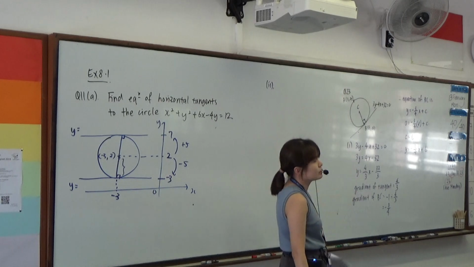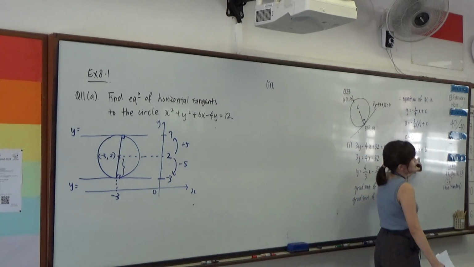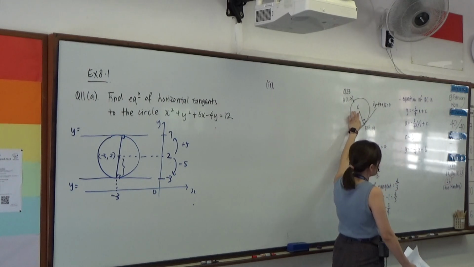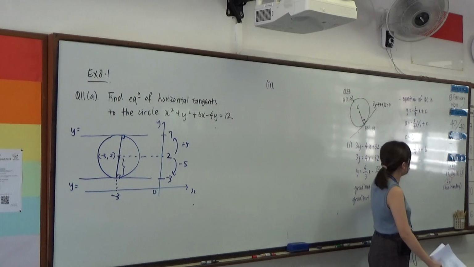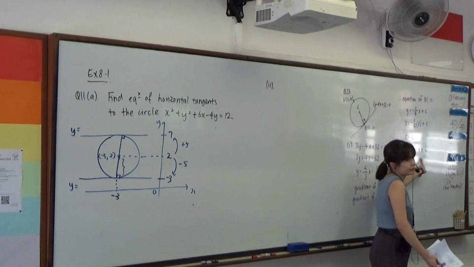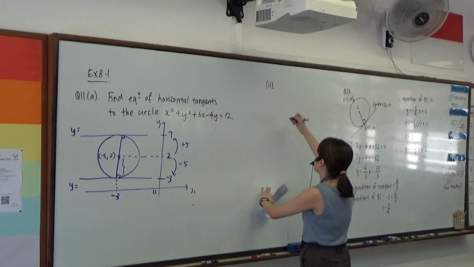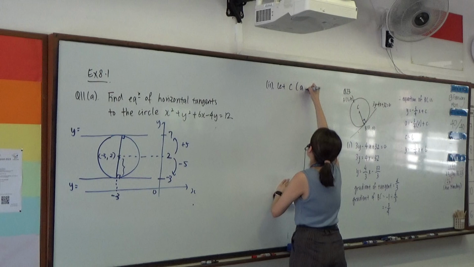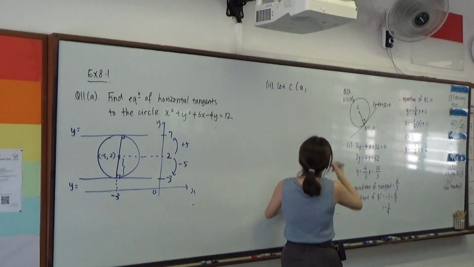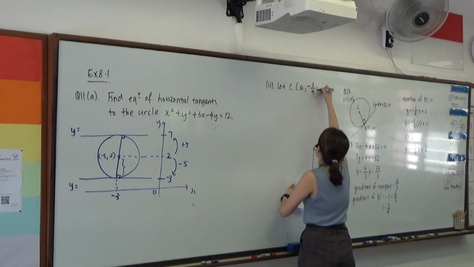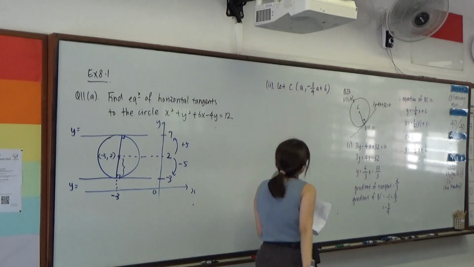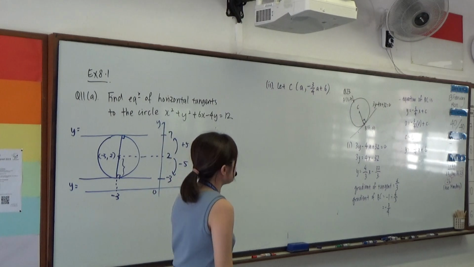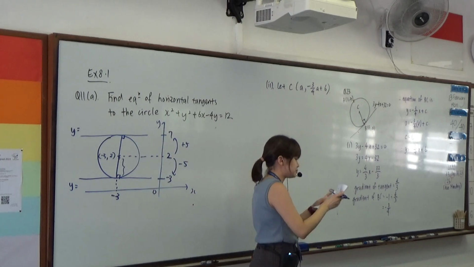So with the equation of BC, if the x coordinate of C is A, the y coordinate must be negative 3 over 4A plus 6. This is something that we can deduce based on the equation of BC.